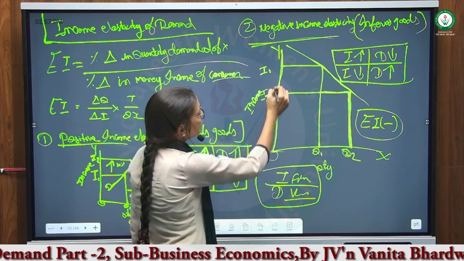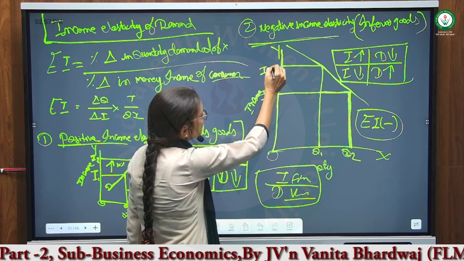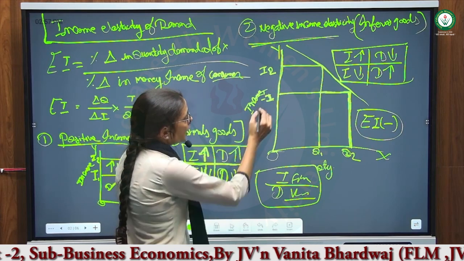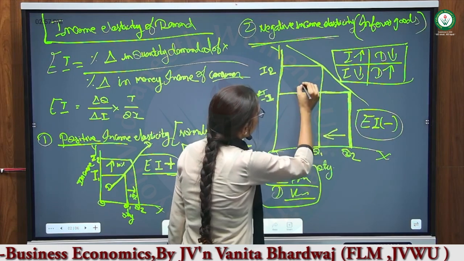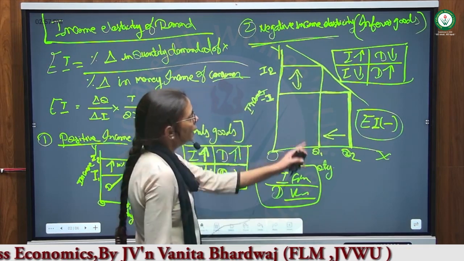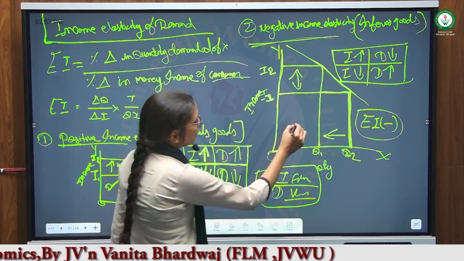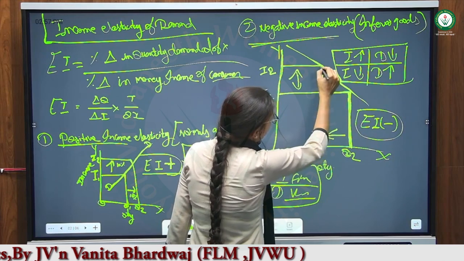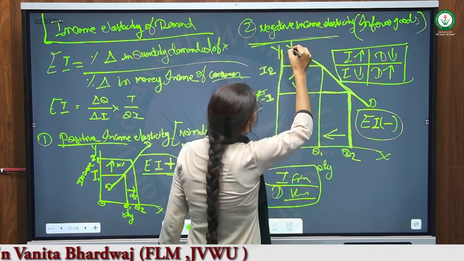When his income is increased from OI to OI2, now he will switch from inferior goods to normal or costly goods, and demand for the inferior goods will decrease. This is the inverse or negative relationship between income and inferior goods quantity.